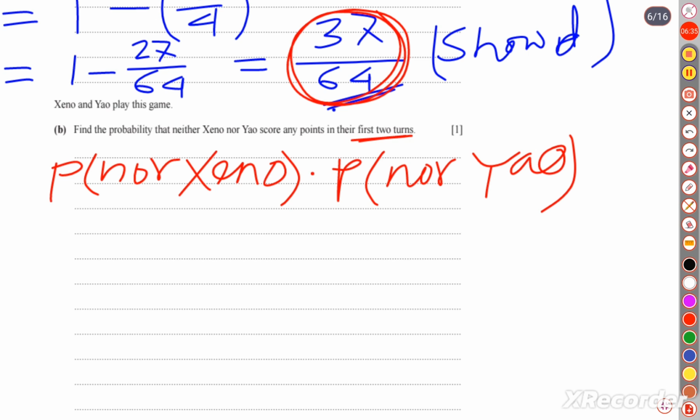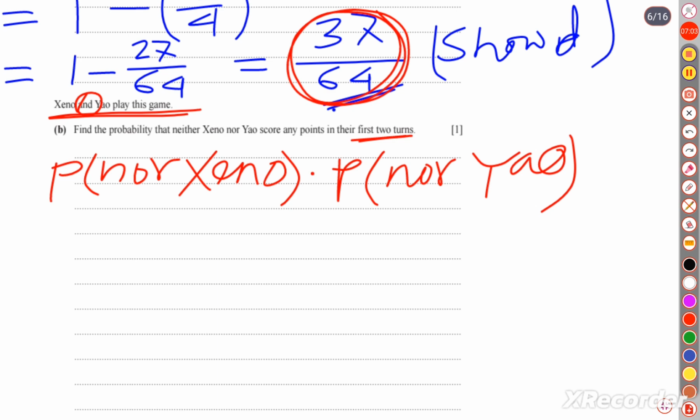Actually, they told that Zeno and Yao together, and look at this, "and" is the clue word. Whenever "and" is mentioned, probabilities are always multiplied with each other. If "or" is there, then we would have done addition. So "and" equals multiplication, "or" equals addition. Here Zeno and Yao both are playing together, that's why it is multiplication.